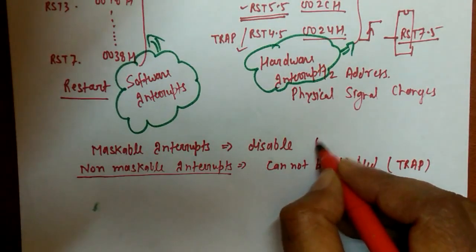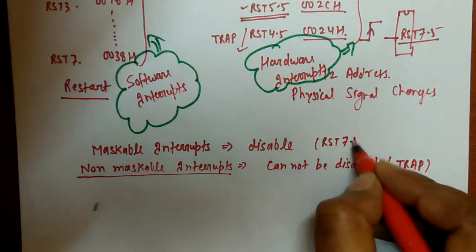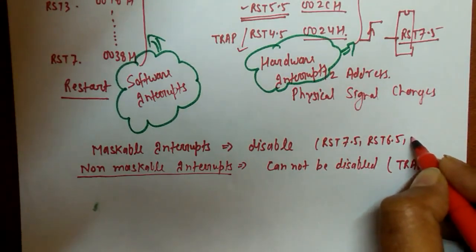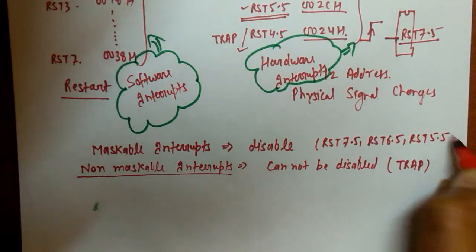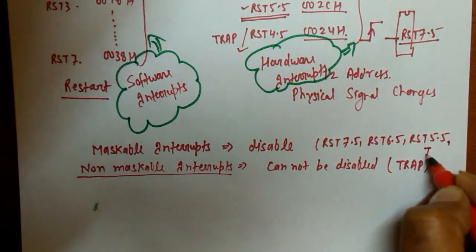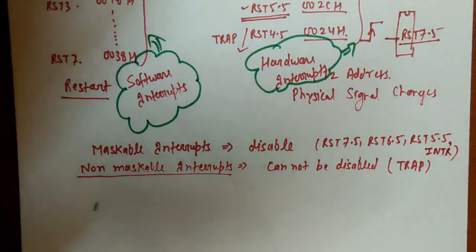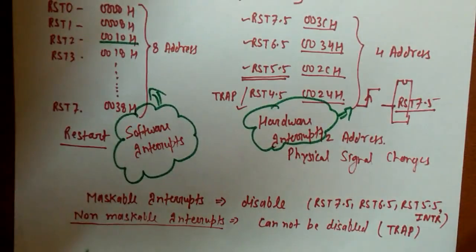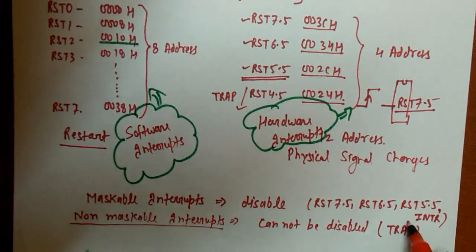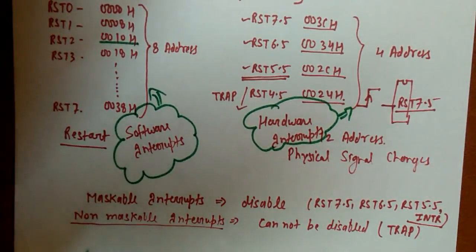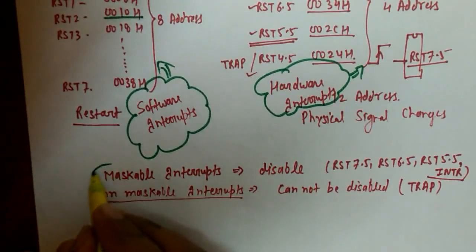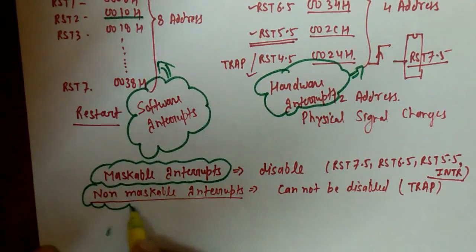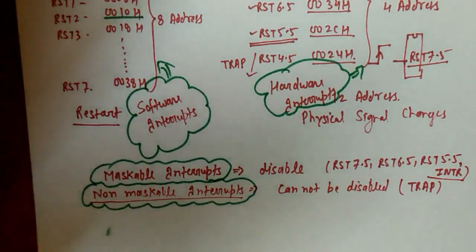That means RST 7.5, RST 6.5 and RST 5.5, and one more interrupt, that is INTR. Remember, I have not written INTR somewhere here because it is an interrupt of a different category. So these are maskable interrupts, and here it is non-maskable interrupts.